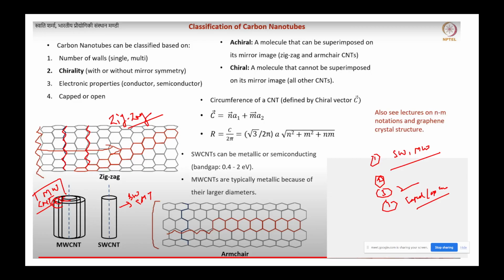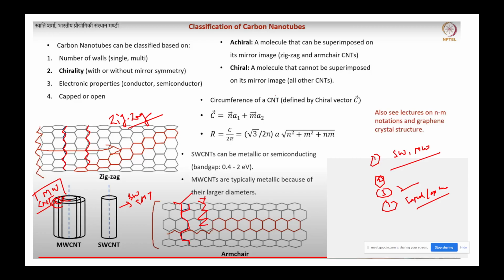Now the circumference of CNT is defined by the chiral vector C. In the armchair you can see that it is not like a zigzag. It is mainly like this, but in zigzag it is like this.